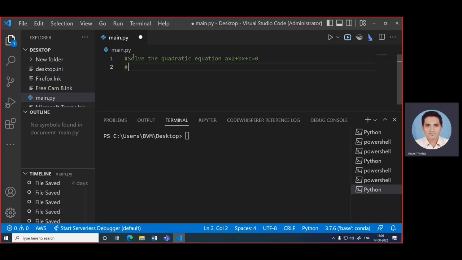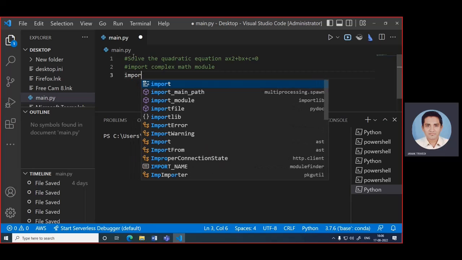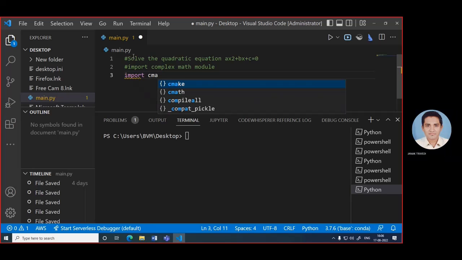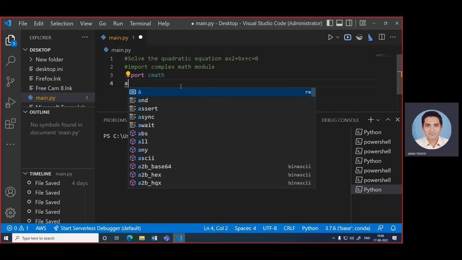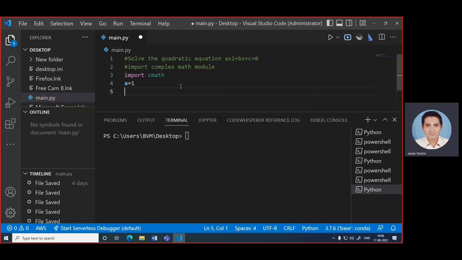So for that, import the complex math module. I have to import cmath, that is available. So cmath. Then let's give a equal to 1, b equal to 5, c equal to 6.